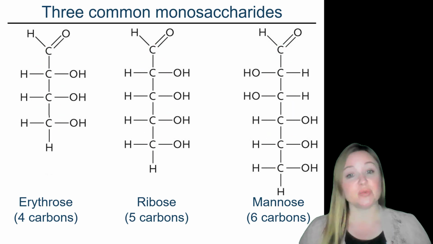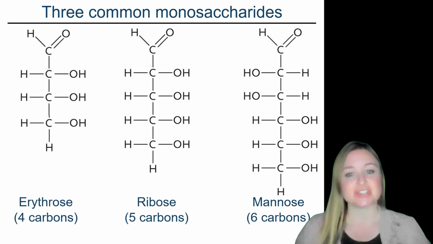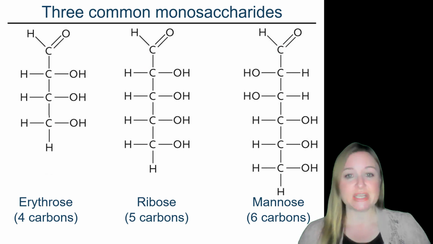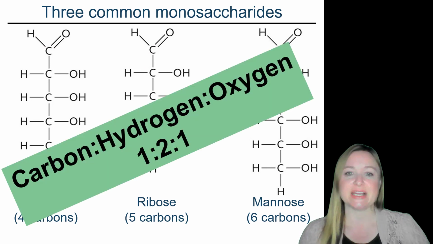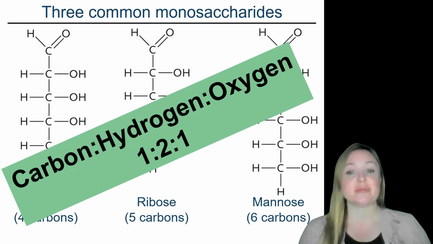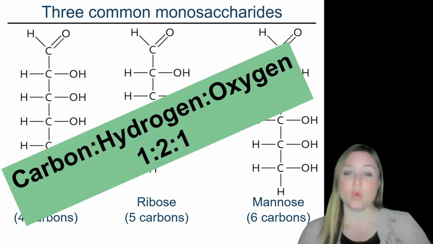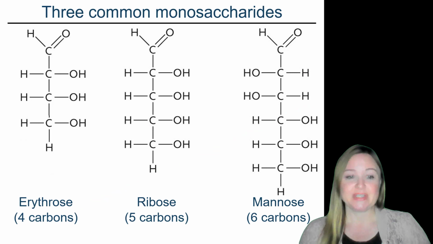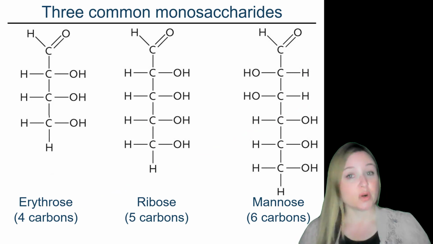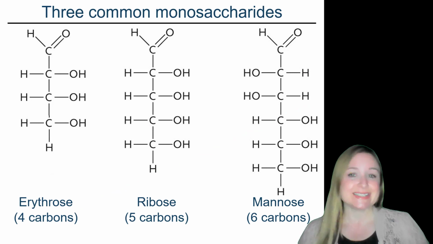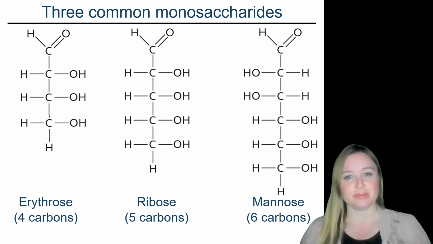Also keep in mind that we see hydrogens and oxygens at that ratio, because with monosaccharides, for every carbon, there's going to be 2 hydrogens and 1 oxygen. So in erythrose, there's 4 carbons. That means 8 hydrogens and 4 oxygens.